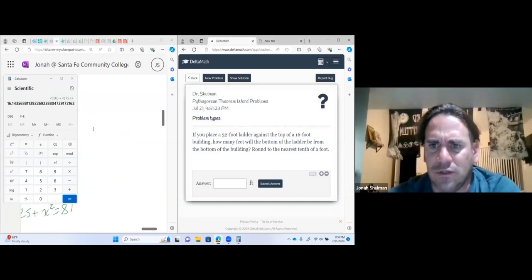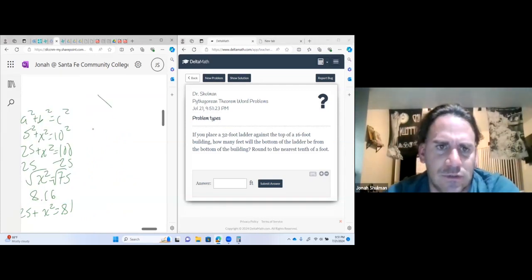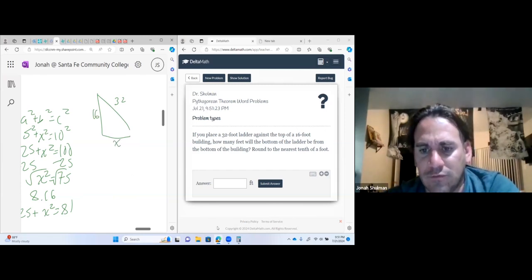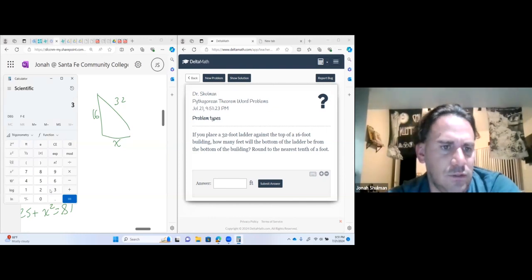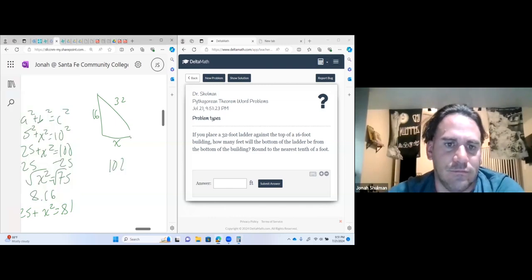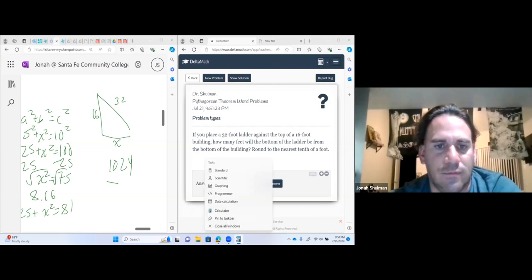So if you place a 32-foot ladder against the top of a 16, okay, so this is 32 feet. And we know this is a 16 feet building. How far does it have to be? So 32 squared, I'm going to take my time, is 1024 minus 16 squared.